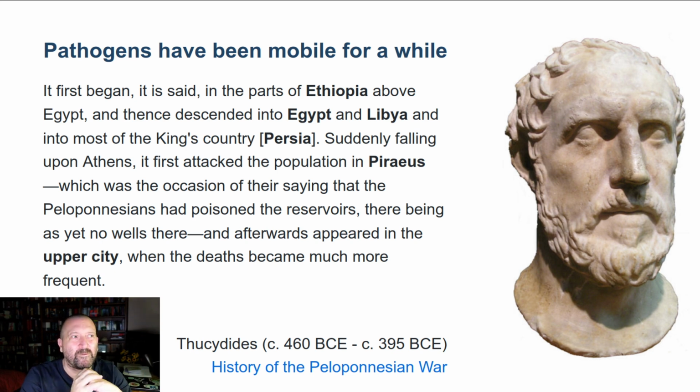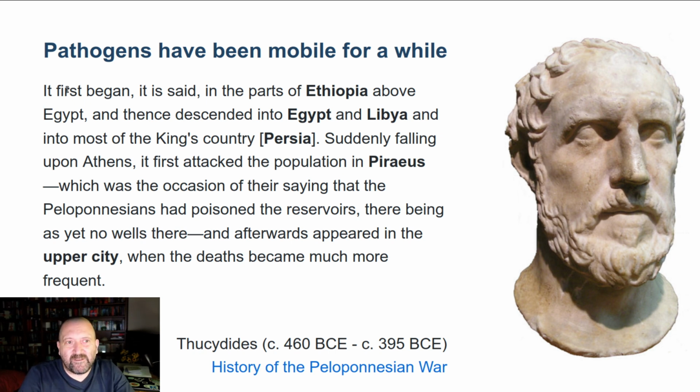And here what you have is a text that is part of his history of the Peloponnesian War, where he describes the arrival of plague, which was probably typhoid fever or something like this, but which is called the plague. And this is the arrival of the plague into Athens.